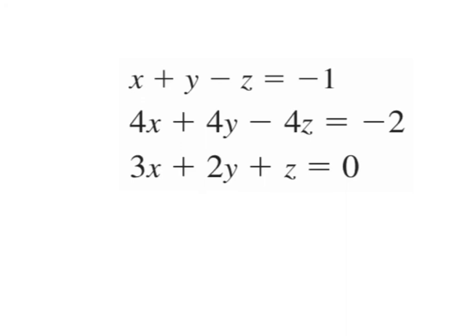Which two equations do you want to pick and what variable do you want to cancel out? First two, multiply the first one by -4. Okay, we can do that. So let's pick the first two, and we multiply the first one by -4.